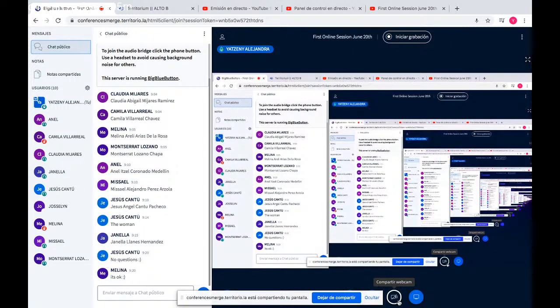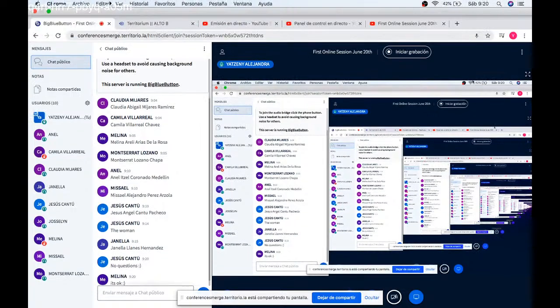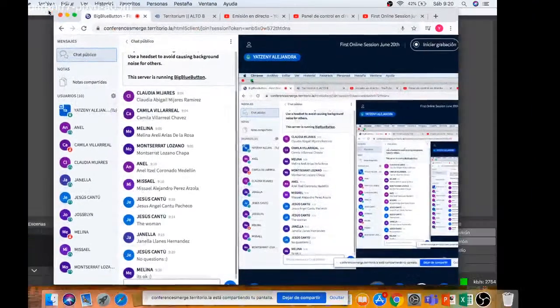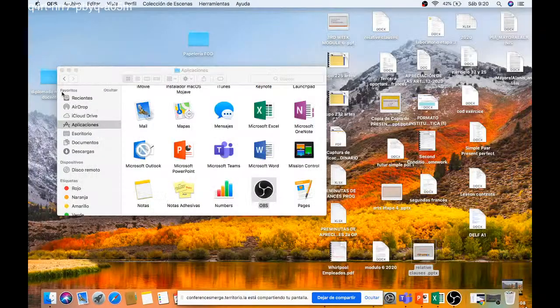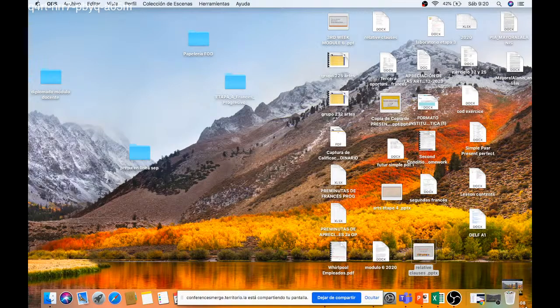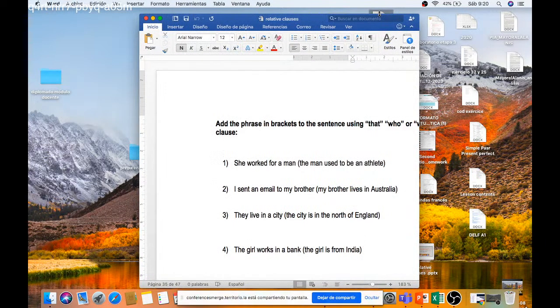Okay. Now, I left you homework. I received most of the homework by email, so that's okay. But we are going to check the answers. If you didn't work on the homework, we have time to do it during this moment, and let's check the answers and the possible answers that we can have. So I will open the relative clauses exercise over here.